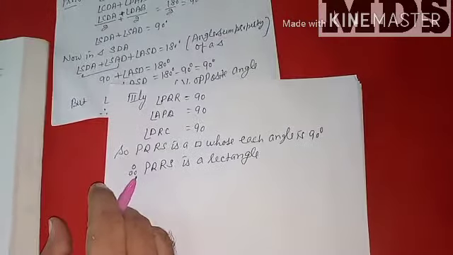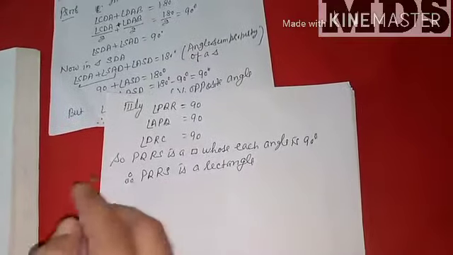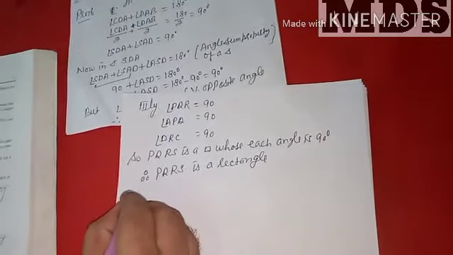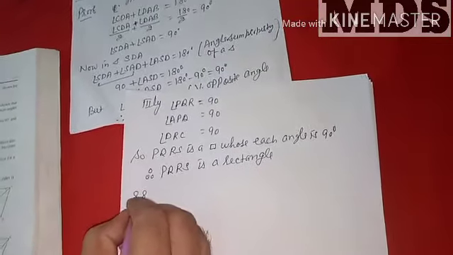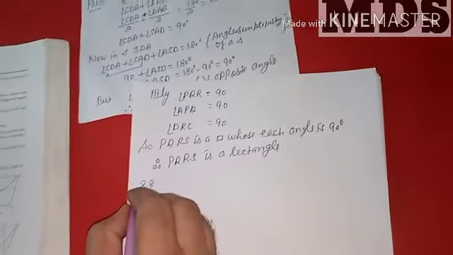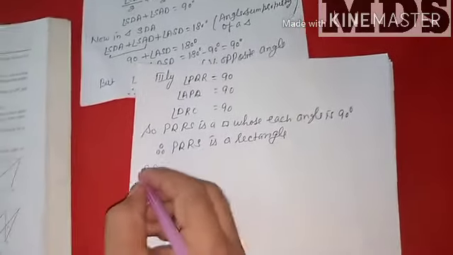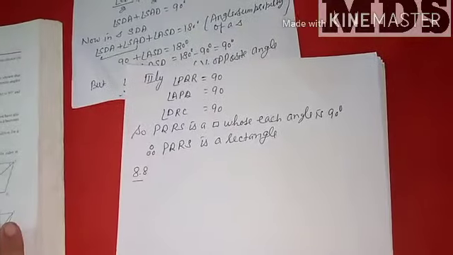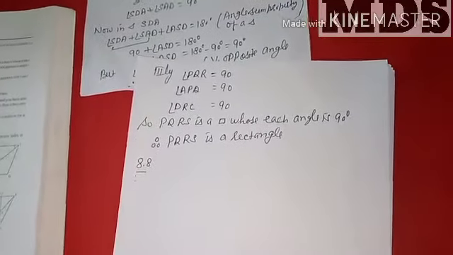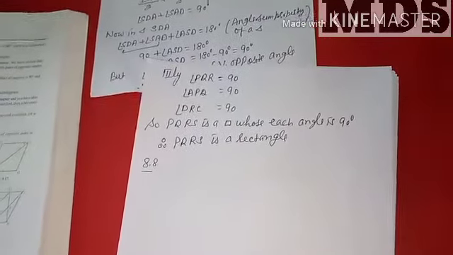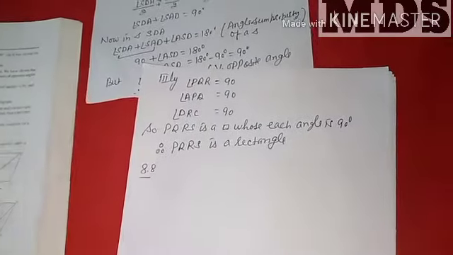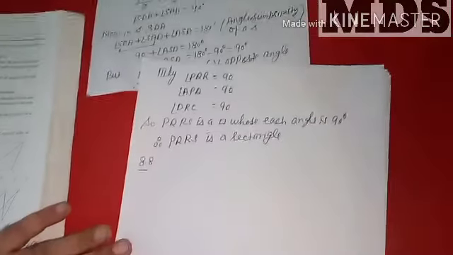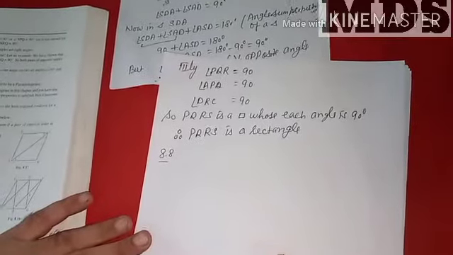So now one more theorem is given, theorem number 8.8. What's given? Another condition for a quadrilateral to be a parallelogram. A quadrilateral is a parallelogram if a pair of opposite sides is equal and parallel.